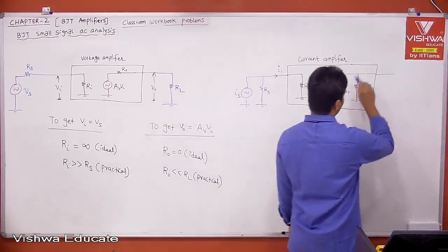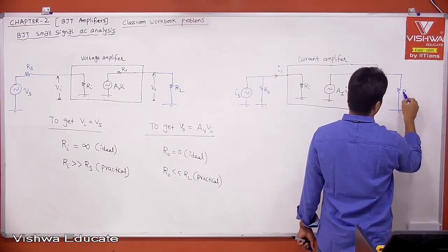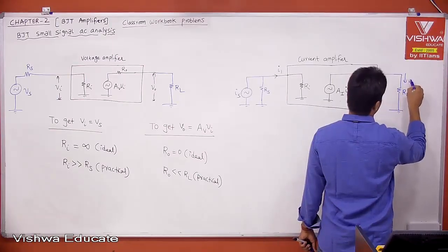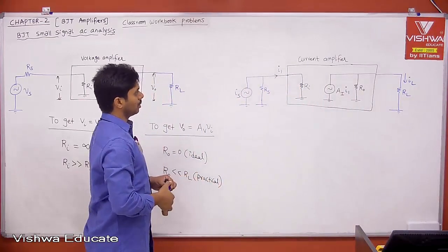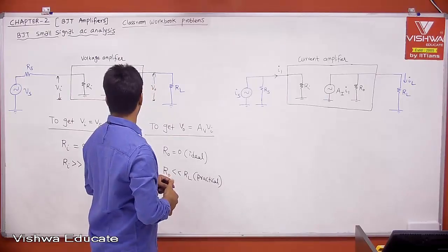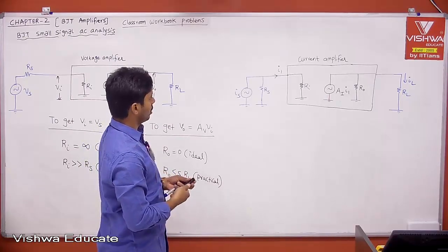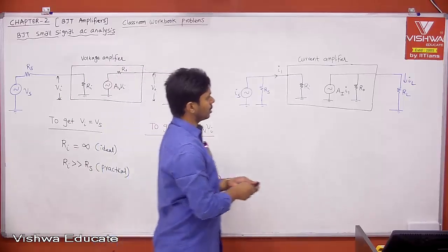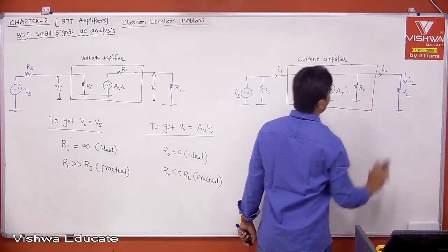Similarly, whatever current you are getting from your current source, that is what you are trying to pump to your load. Therefore, let me take it as IL. This is your IL, the current which is coming out of your amplifier.